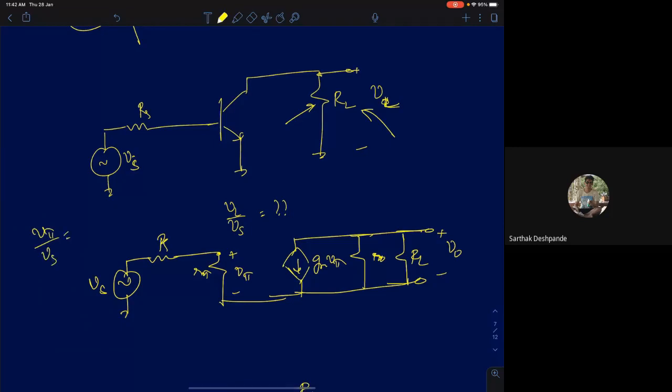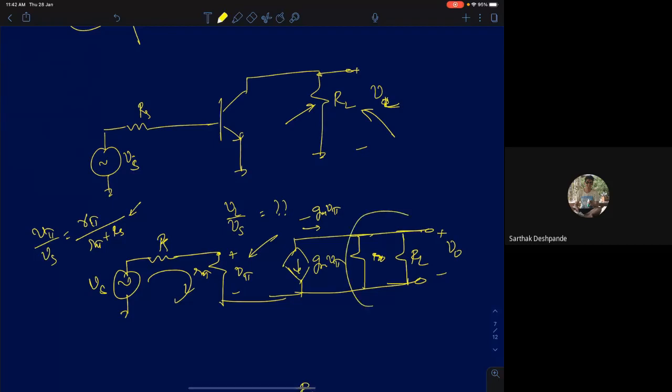What is the ratio? It's a voltage divider here, right? Voltage divider, so it will be R pi by R pi plus Rs. That is the voltage ratio from here to here. That's it. So you know this ratio. Now you have a current gm V pi. Always, guys, I don't want you to do KCL, just visualize this. So you have a current of minus gm V pi flowing here.